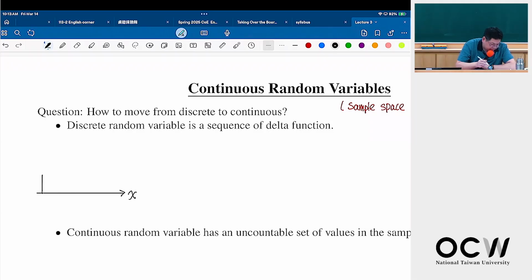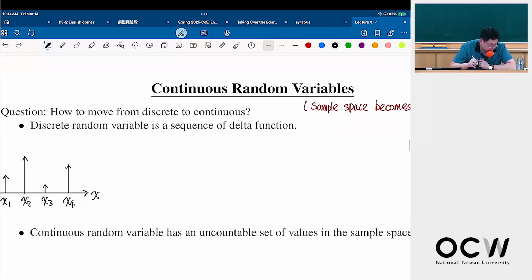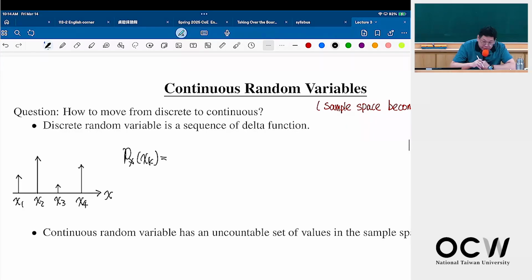I have x1, x2, x3, x4, and this PMF. For a discrete random variable, the PMF is a probability.